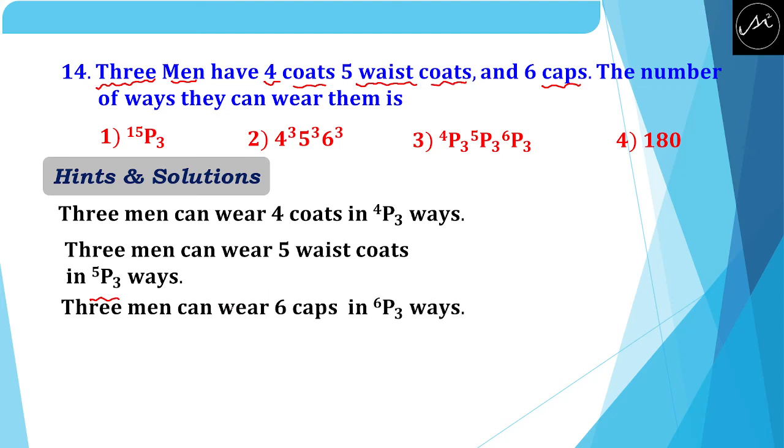Next, 3 men can wear 6 caps in 6P3 ways. Therefore 4P3, 5P3 and 6P3, that is 4P3 into 5P3 into 6P3, will be the right answer. Clear?